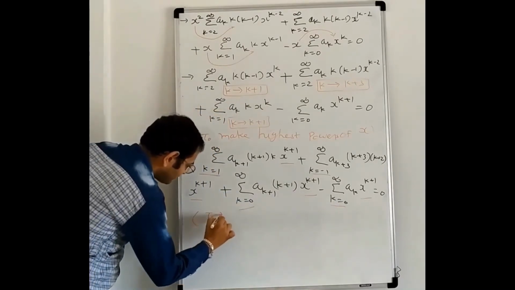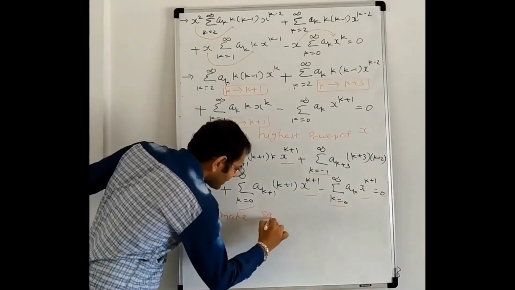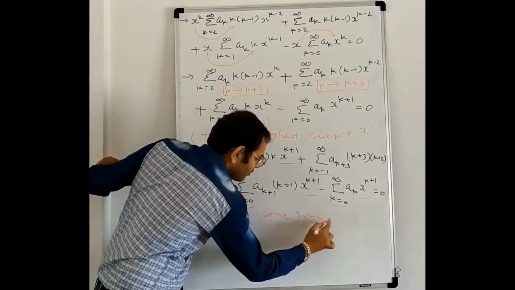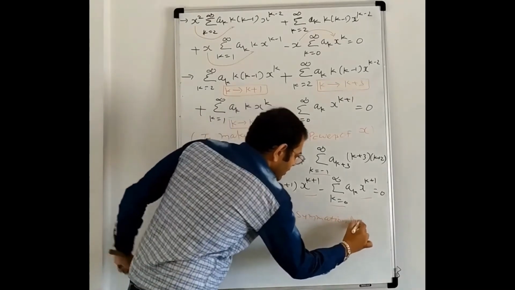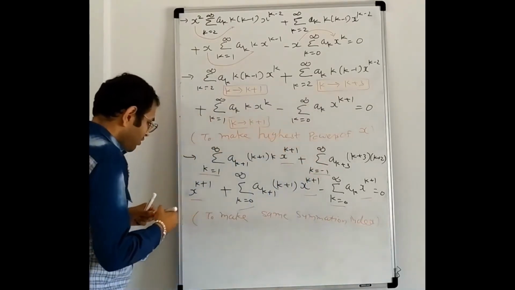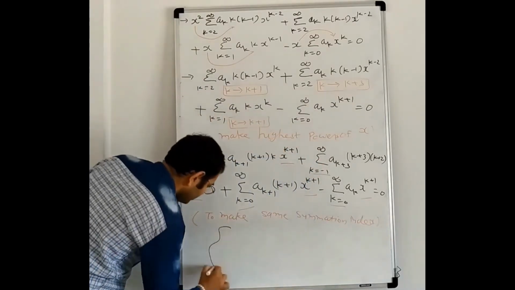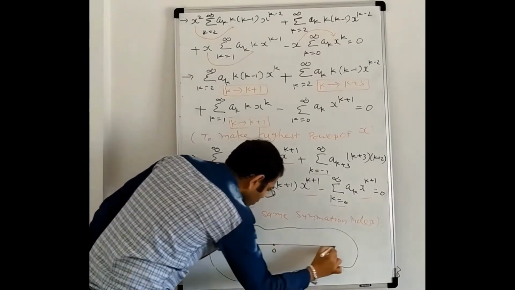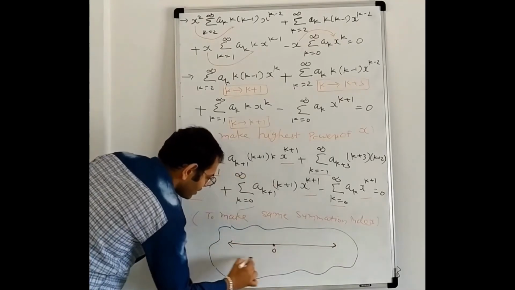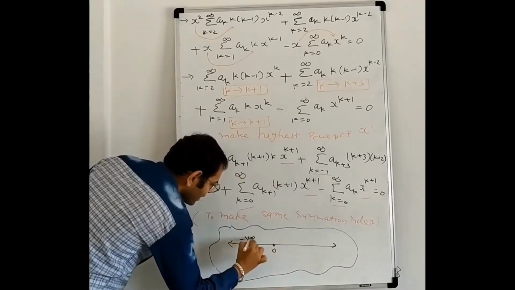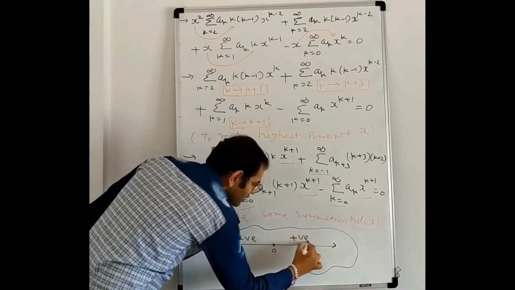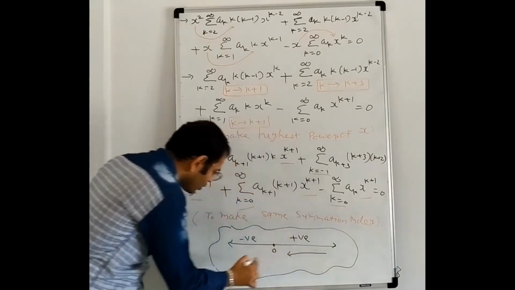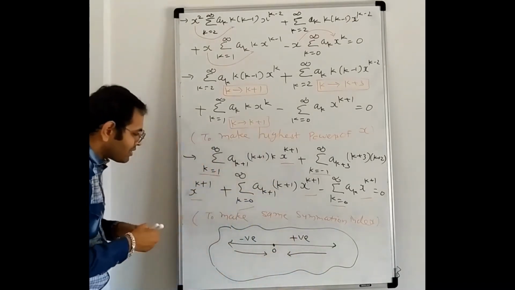Then to make same summation index, we go to the 0 side of the summation index.